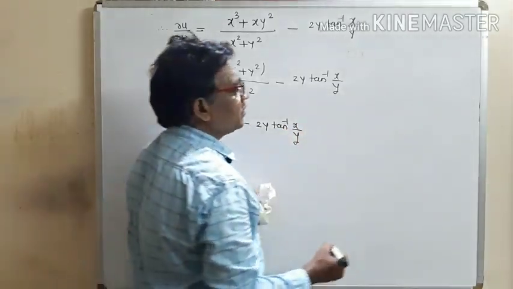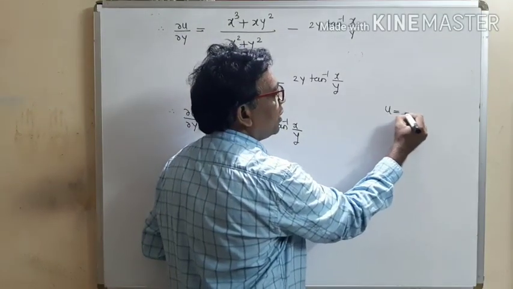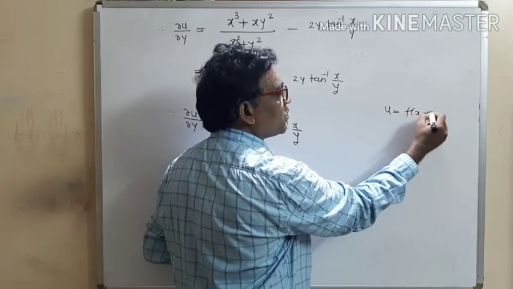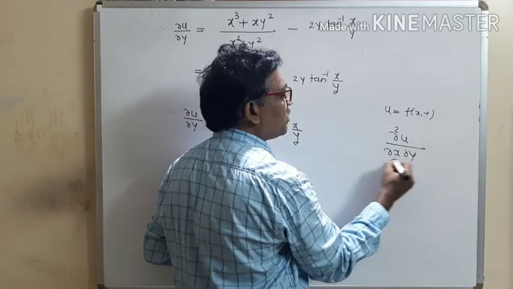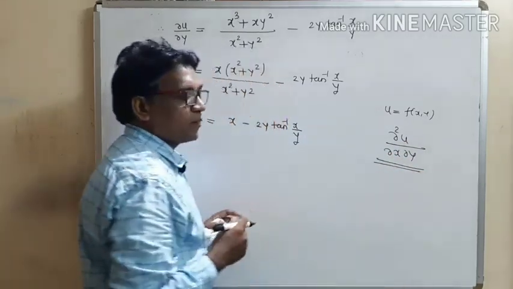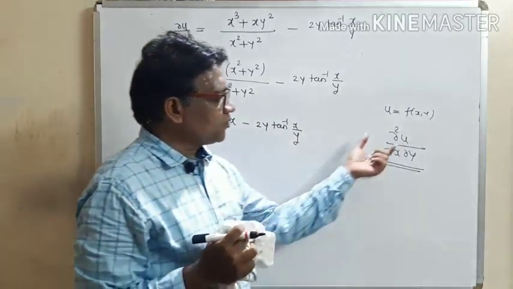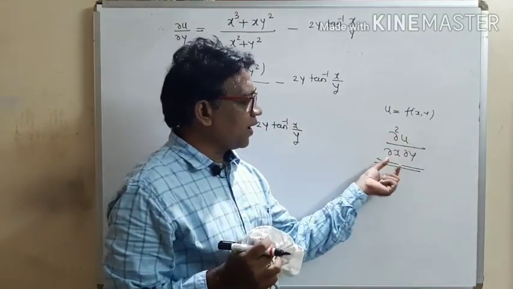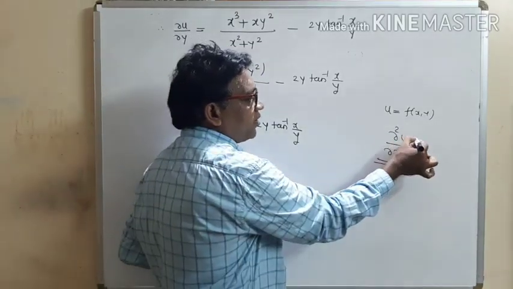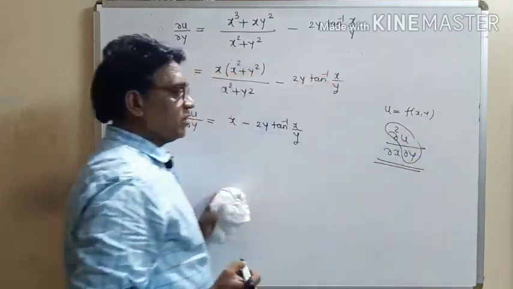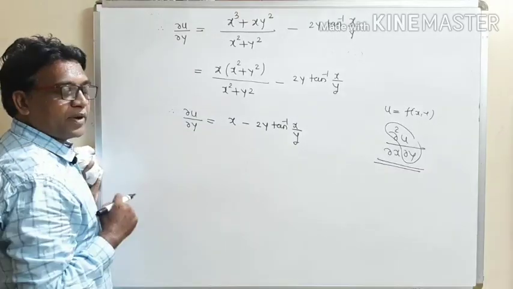So see what is given, u it is given as a function of x, y, and we want to find out the partial derivative ∂²u/∂x∂y. We want to find out this partial derivative ∂²u/∂x∂y. So first of all find out this derivative ∂u/∂y. So this is our derivative ∂u/∂y.